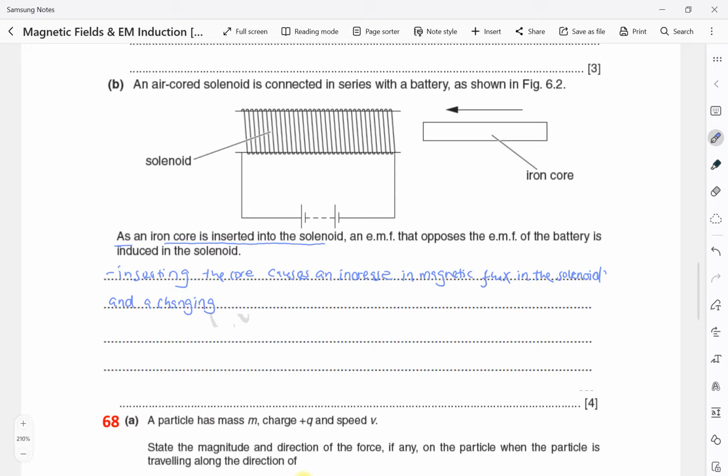A changing magnetic field is also induced in the core, or spreads to the core. A changing flux in the core, a changing magnetic field in the core, cuts the turns of the solenoid or threads the turns of the solenoid.